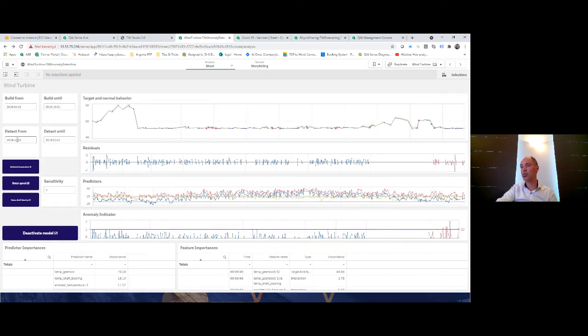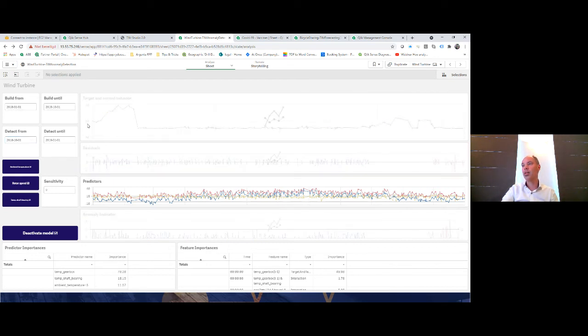I can even say here, for example, that I want to detect this starting from October as well, and then it will just automatically regenerate the model, recalculate all those things, analyzing that data. So that's basically what's happening now. So it's calling the APIs towards the TIM engine, and then it will be providing me a result in a couple of seconds.